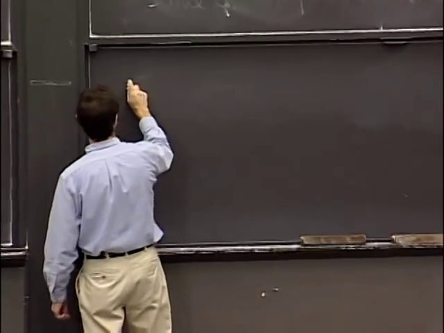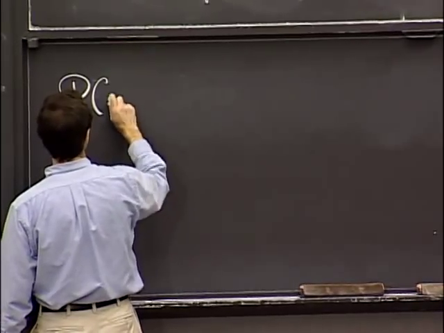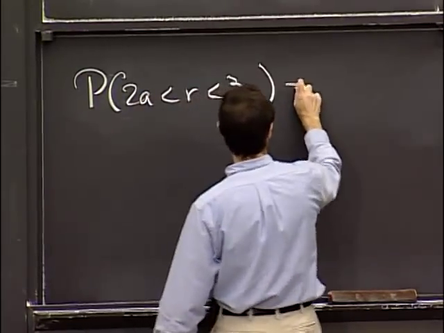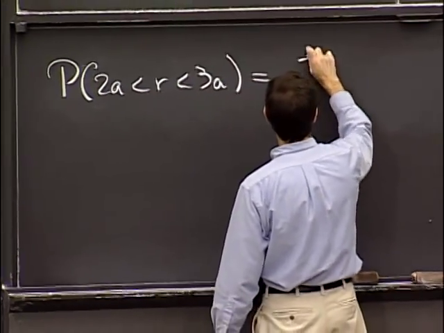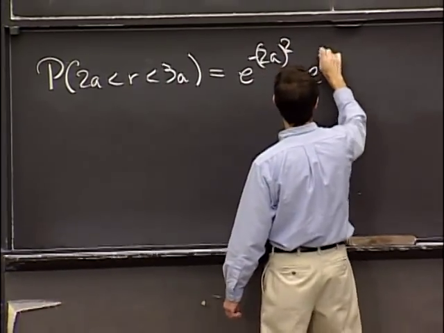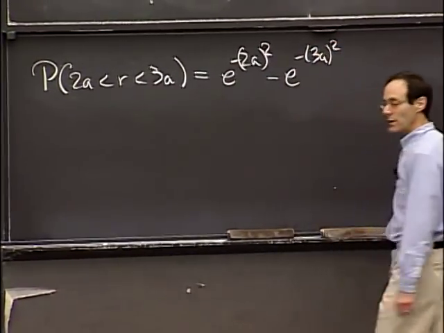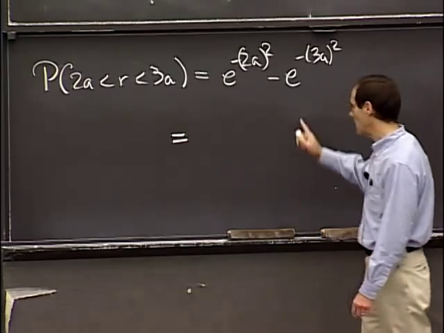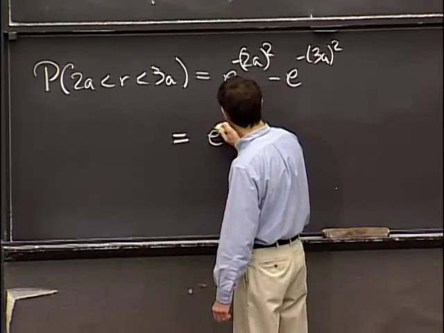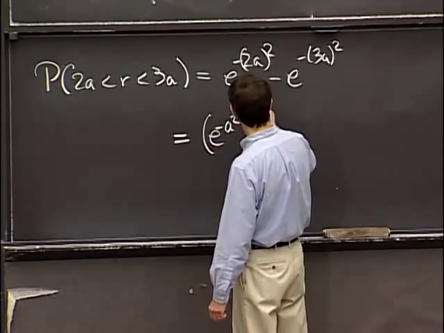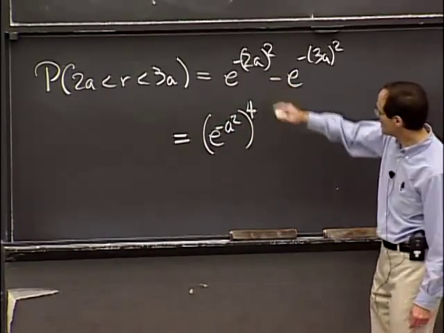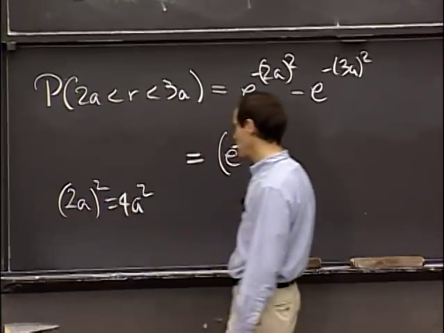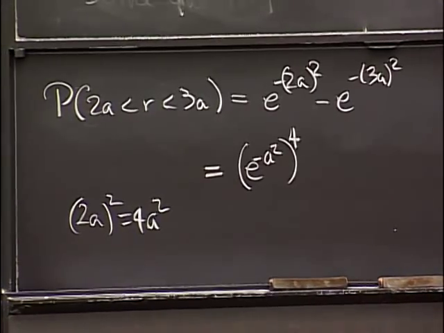And now I'm going to calculate this other probability here. The probability right up there is e to the minus 2a, the quantity squared, minus e to the minus 3a, the quantity squared. That's what we calculated. Now I want to use some of the arithmetic of exponents. This is e to the minus a squared, the quantity to the 4th power, because 2a squared is 4a squared, and then I bring that exponent out.